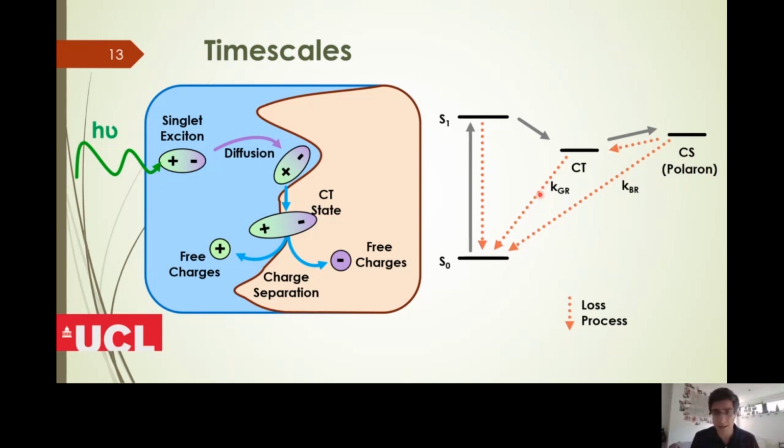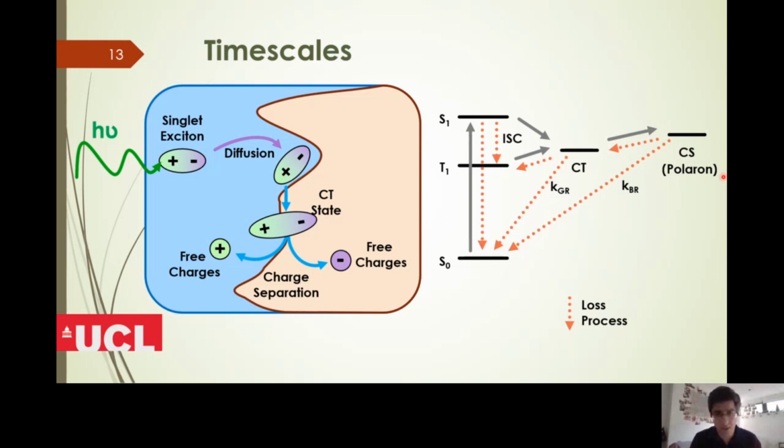Of course, both CT and free charge states, also called polarons, can recombine. The CT state can recombine through geminate recombination, which is monomolecular recombination, and the free charges can recombine through bimolecular or second order recombination. Also, another state that you have to think about in OPV is triplets.